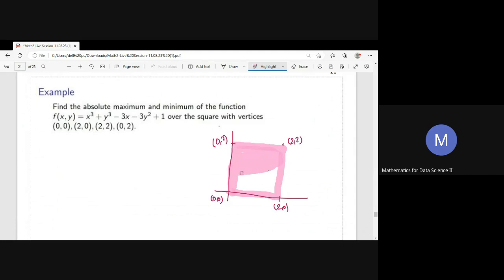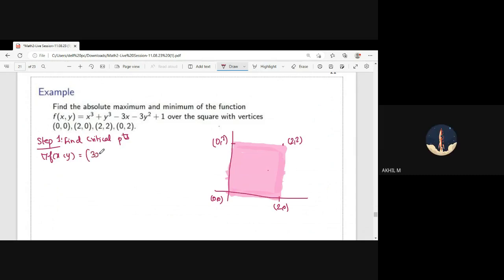Now within this D, what are all the critical points? That is the first step. How do you find the critical point? Del f equal to 0. What is del f of x comma y here? It would be 3x squared minus 3 and 3y squared minus 6y.